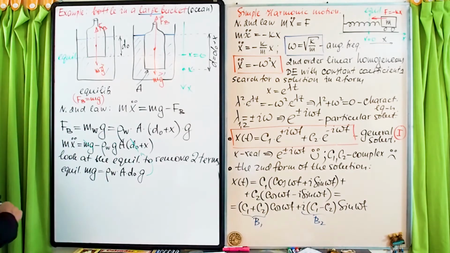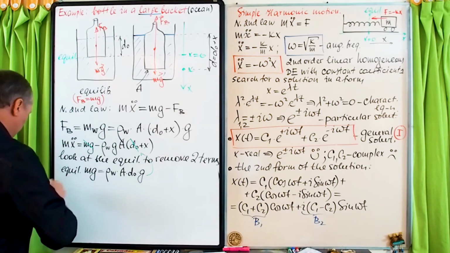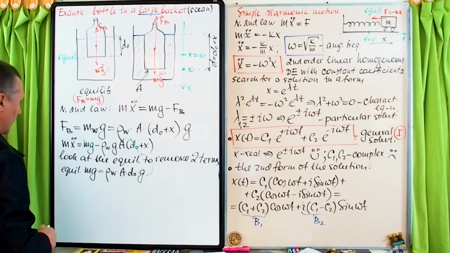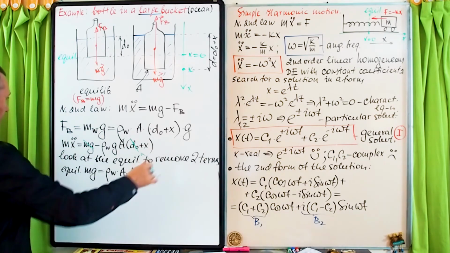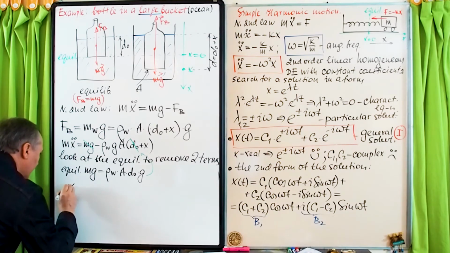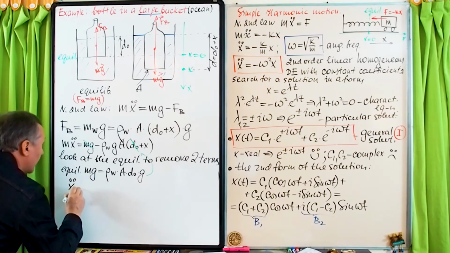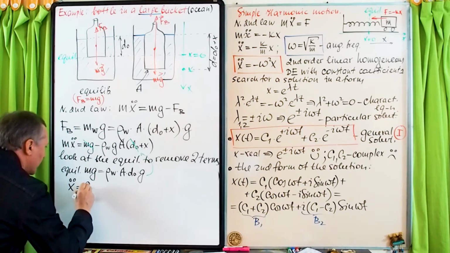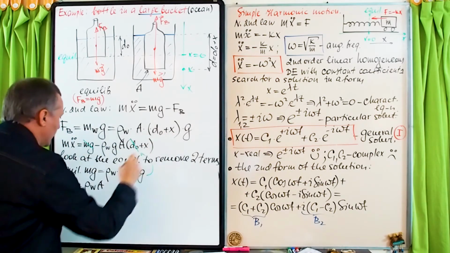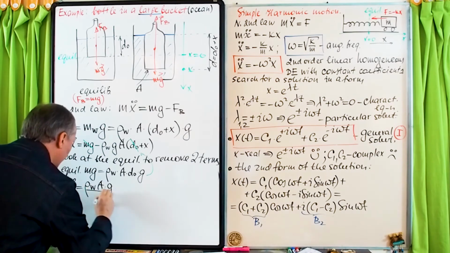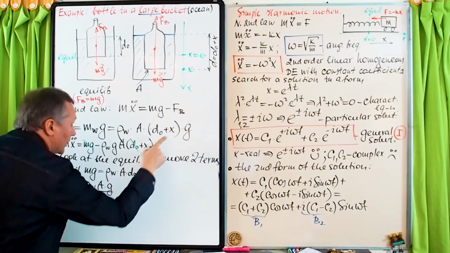And so as a result, the differential equation will look, probably I will move the mass to that side immediately, so we will have x double dot equals rho w A g divided by m, and x.